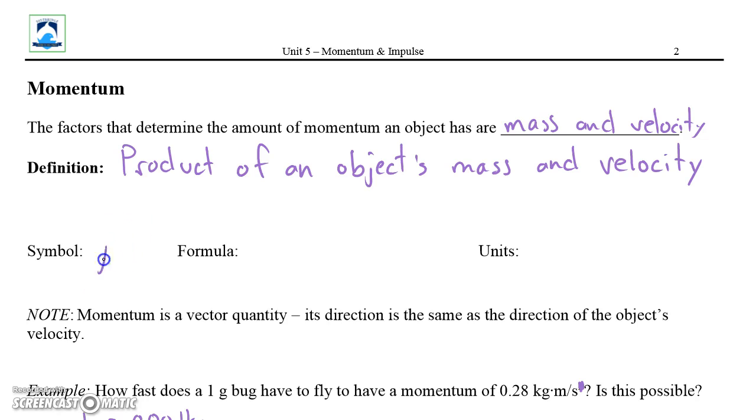Its symbol is a Greek letter rho, which you basically write as a P. Its formula is m times v, and we get units that don't have any simplification of just kilogram meter per second. So it is a vector, and its direction is the same as the velocity. So those two things are the same.